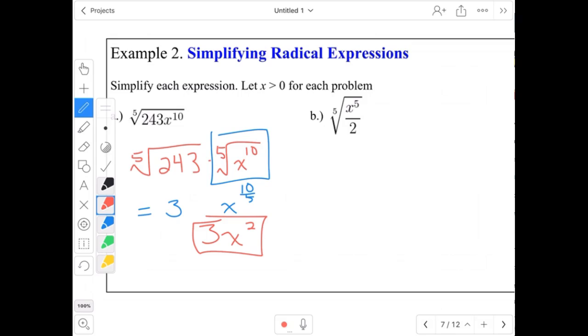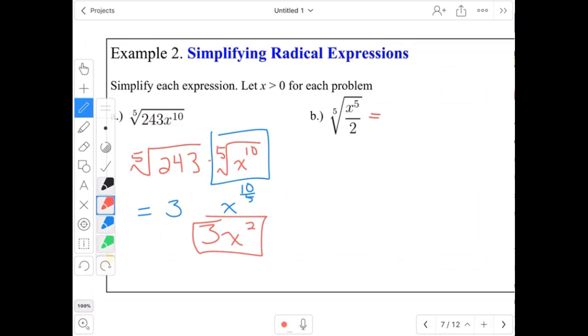Now in that second one, just like our last property said, if we have a radical over two things, or over an entire fraction, we can split that apart. Now, this concept right here that I'm going to show you is going to seem a little bizarre, but bear with me for just a second.